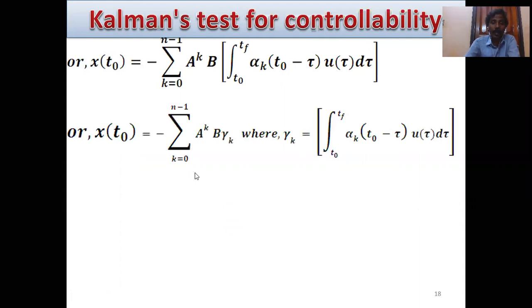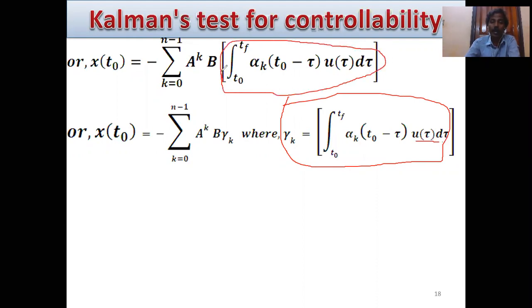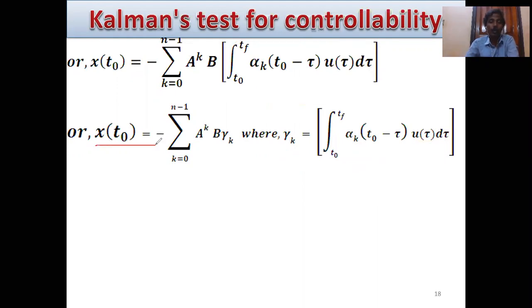Again, put gamma_k equivalent to the integral from T0 to Tf of alpha_k(T0-τ) u(τ) dτ. Just put this value equivalent to gamma_k, and we get x(T0) equal to this equation.